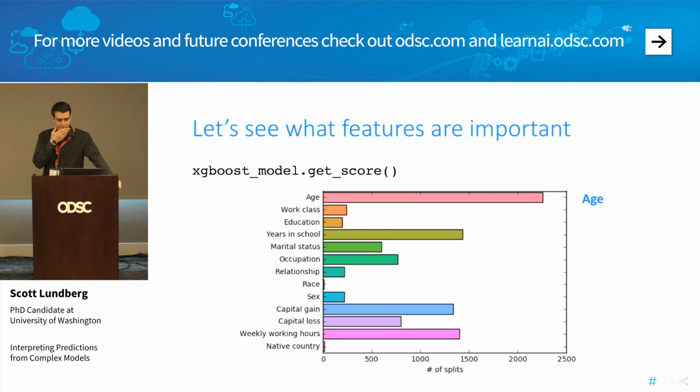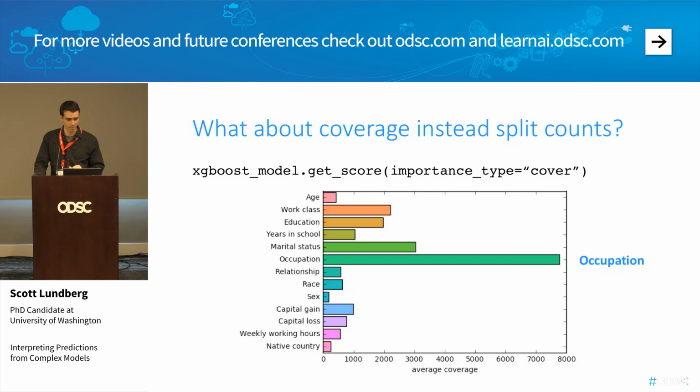But we want to be careful, so we try out the different options that come with get_score, like maybe cover. Cover turns out to multiply the split by the number of people who went down the split in the training set, right? Like if a split is followed by lots of people, that might make it more important. Unfortunately for us, our supposition that age was the most important totally reversed when we did this, and now occupation seems to be the dominant feature.